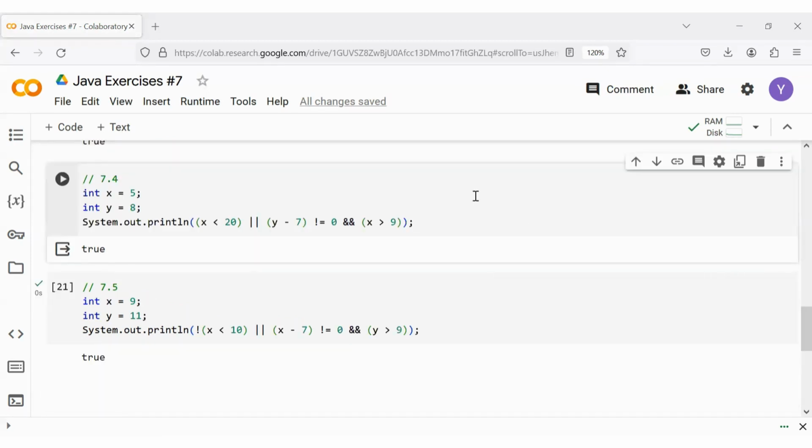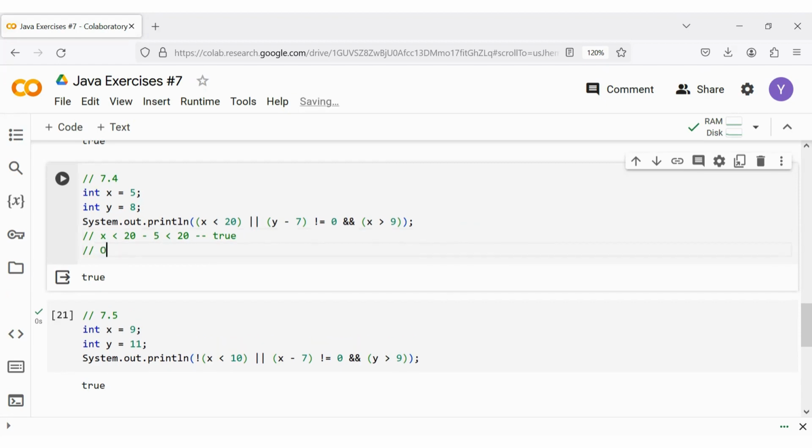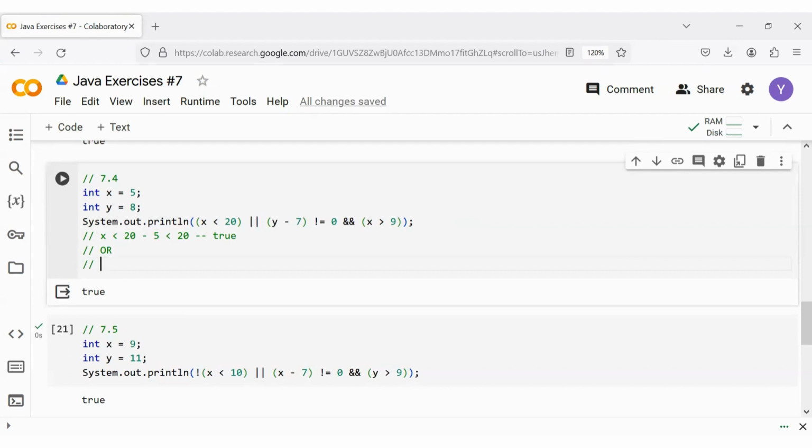Now let's move on to question 7.4 here. We initialize x as 5 and y as 8. If we look into the expressions here, we have x less than 20. My x is 5, and 5 less than 20 is true, right? And I have the OR operator, and I have y minus 7. My y is 8, so here I'm going to write 8 minus 7, which is equal to 1.